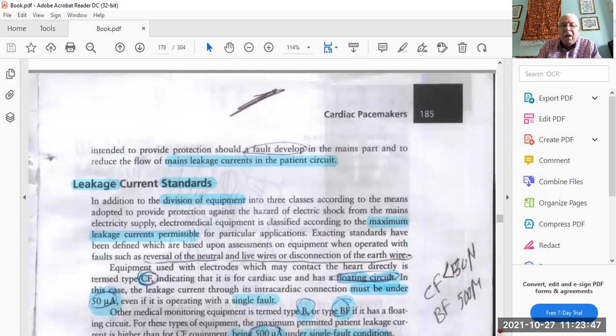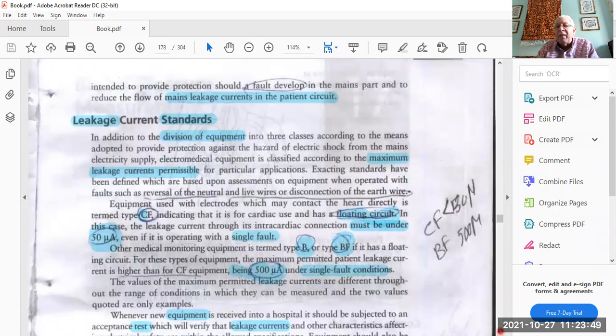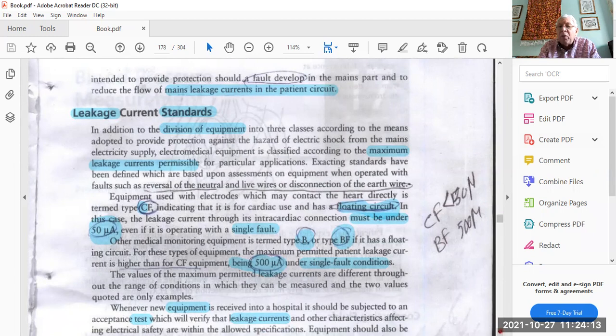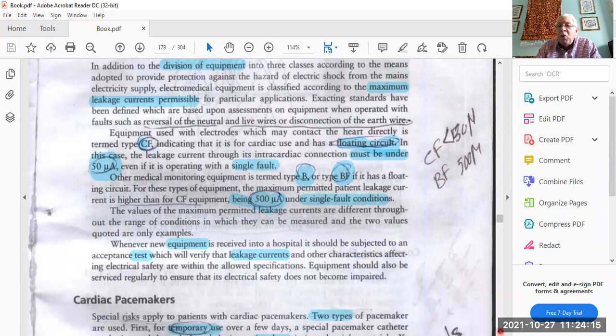As we said before, we have what we call leakage current. This is the current induced through the passage of current through inductors and capacitors within the monitors. Sometimes you feel it on top of the monitor, where you feel some sort of electricity. This minimal current can, as we said before, induce microshock. So whenever electrical equipment comes to your department, you must check it.